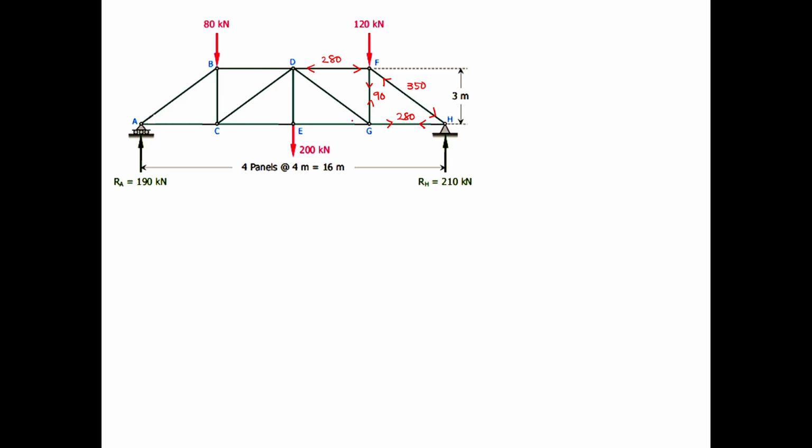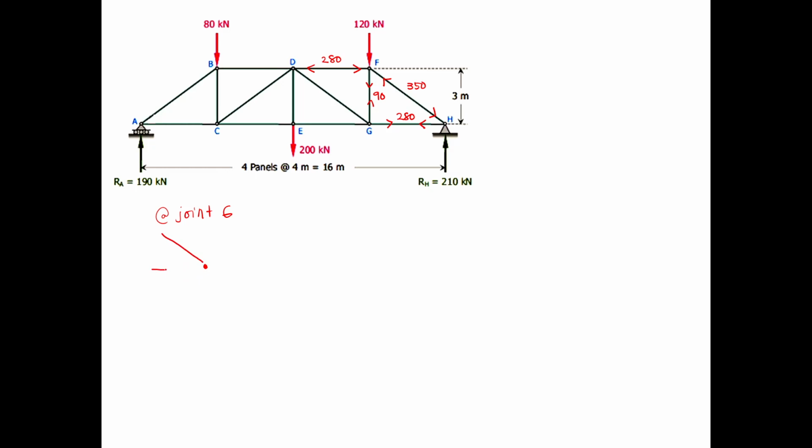So now if you try to look at member DG, the only unknown members are two, which are member DG and member EG. So we can now solve this joint and complete the problem. So at joint G, this is the joint G, and this one is the diagonal member DG.